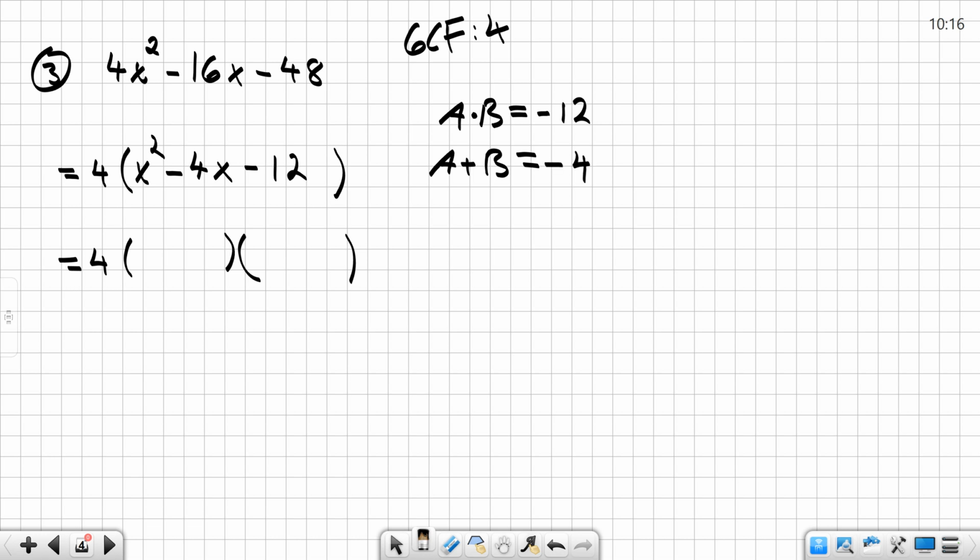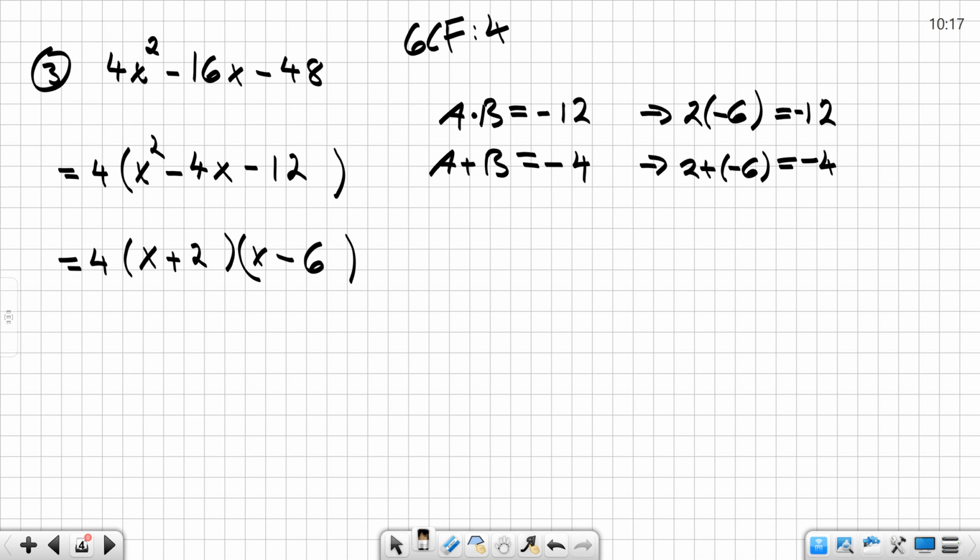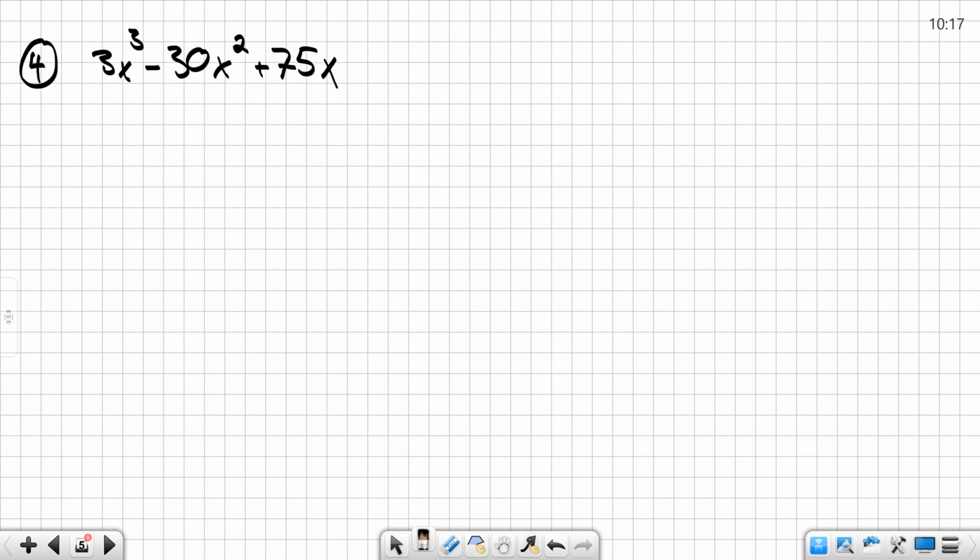And I can find two numbers. 2 times negative 6 is negative 12, and 2 plus negative 6 is negative 4. So positive 2 and negative 6 are going to work. Now I look, all factors are what we call prime. I cannot factor any further.